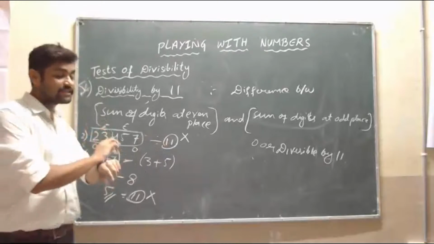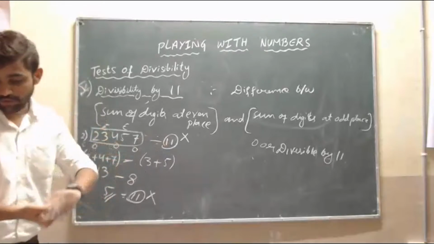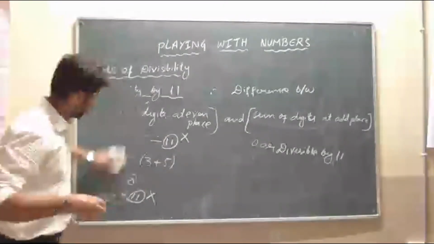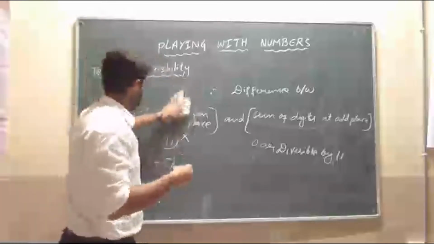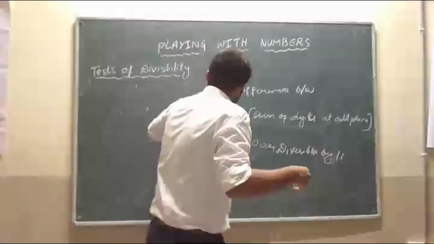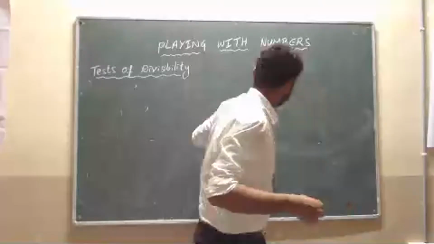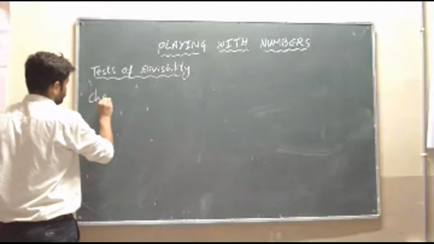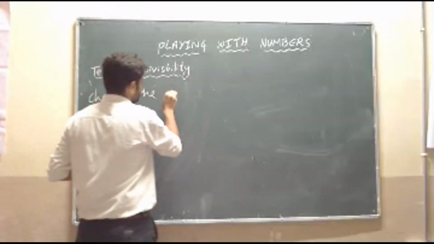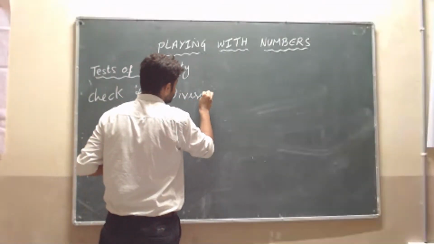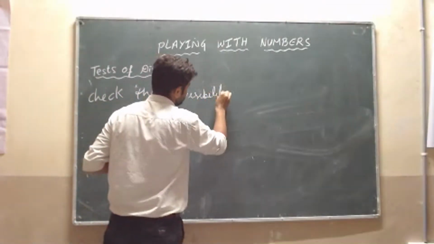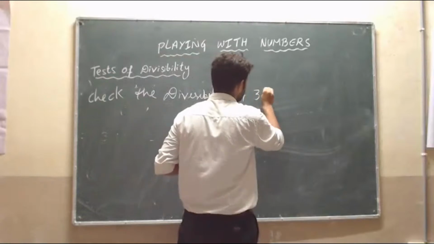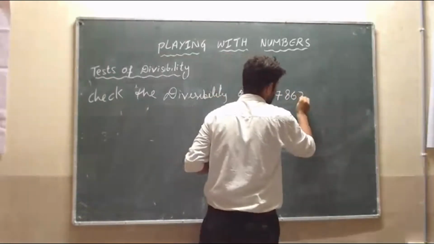Is the point understood? Now I will give you some examples or some homework for you. Check the divisibility of 3, 5, 7, 8, 6, 2.